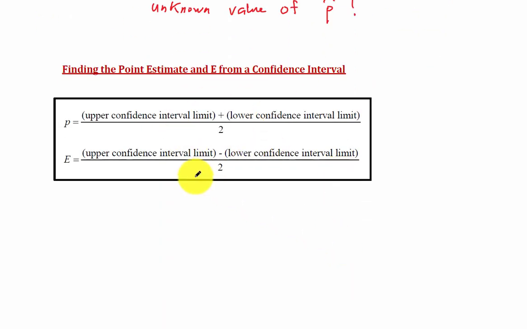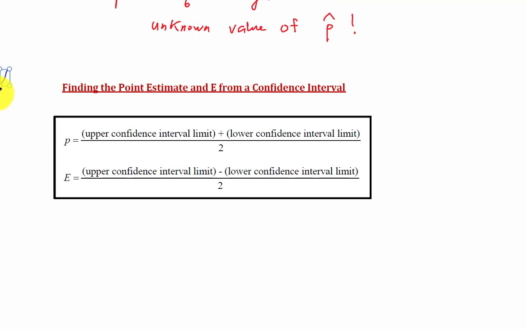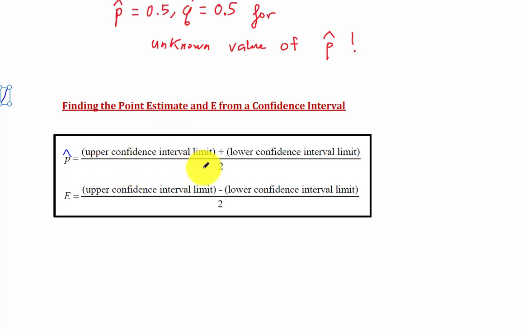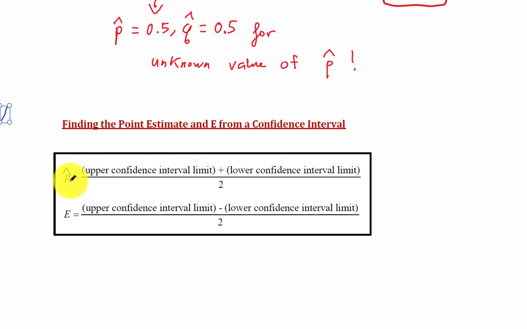Once we figure out the point estimates, the upper and the lower confidence interval limit, then we can use the formula to find the P hat or the margin of error E, and that is very simple.